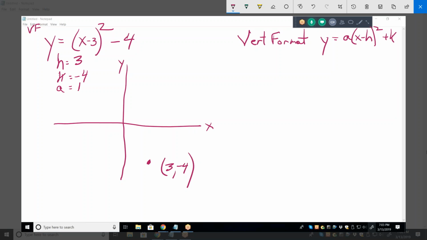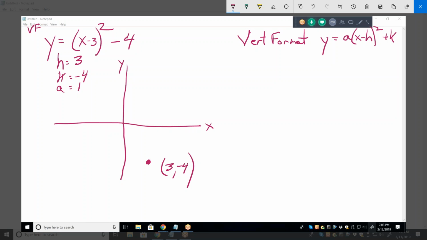It's positive, which means this is going to open up. Now, I only need 3 points to graph a parabola. I don't need the vertex, but the vertex is a very valuable point. That's the most significant point on the parabola. But any other 2 points will allow me to graph that thing perfectly accurately.